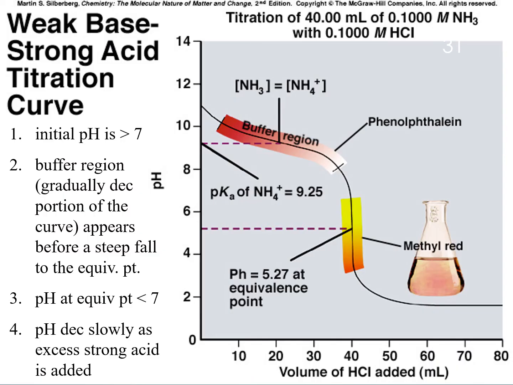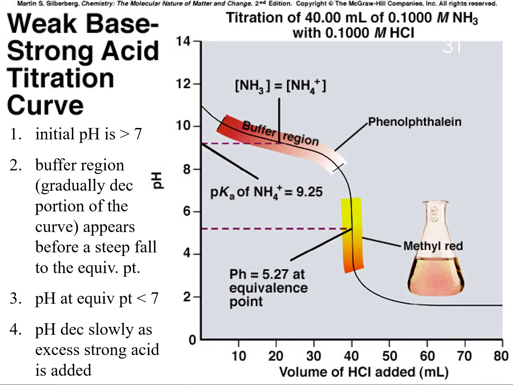The same thing with the weak base and strong acid titration curves. Initially the difference is just the reverse. We start with a pH above 7, and then we have the buffer region, a gradually decreasing portion of the curve, and then the steep fall towards the equivalence point, and the pH at the equivalence point is less than 7.